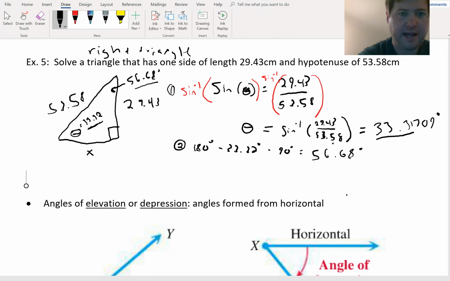Because we rounded that one, and then the 56.68 also had rounding involved. So I'm going to stick with this first angle we calculated. I don't want to keep compounding these errors. Because even if you're really careful with significant digits, errors are still occurring. That's why we have to take into account significant digits. We want to have a cutoff for what that error is going to be.